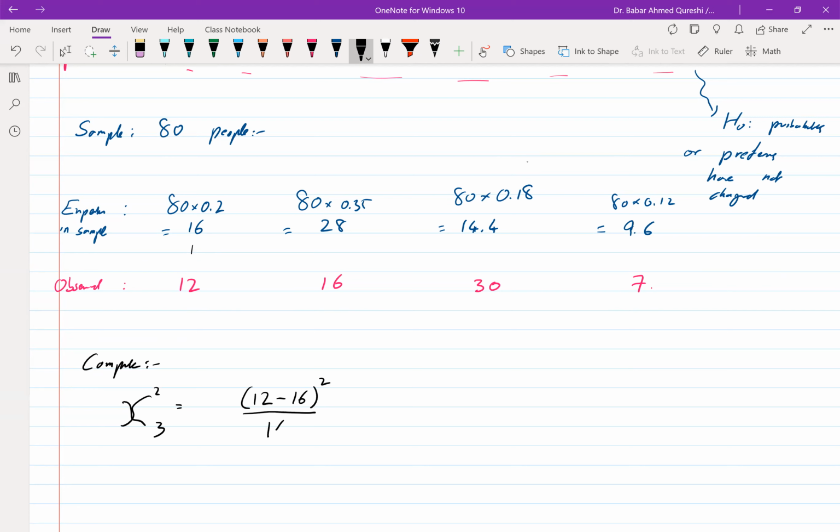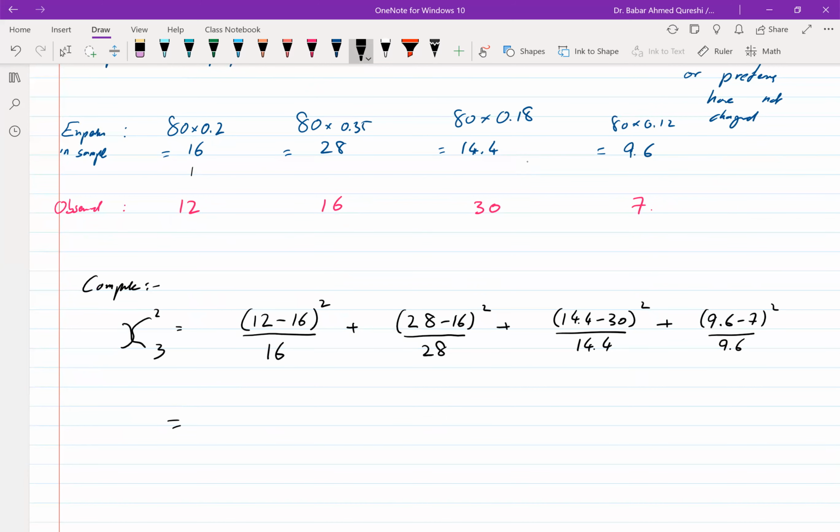Divided by the expectation for this first category, plus (28 minus 16) divided by the expectation, plus (14.4 minus 30) divided by the expectation, plus (9.6 minus 77) divided by 9.6.